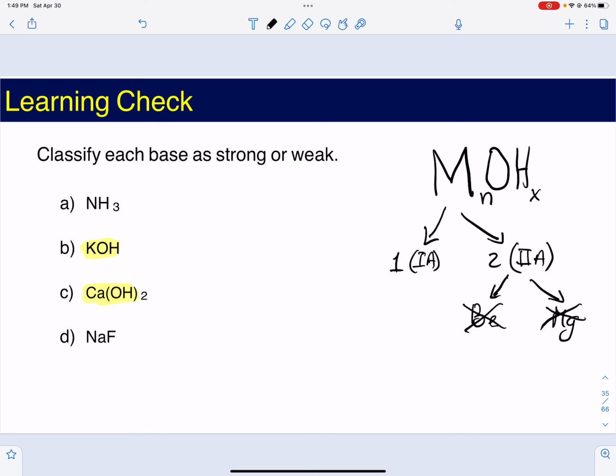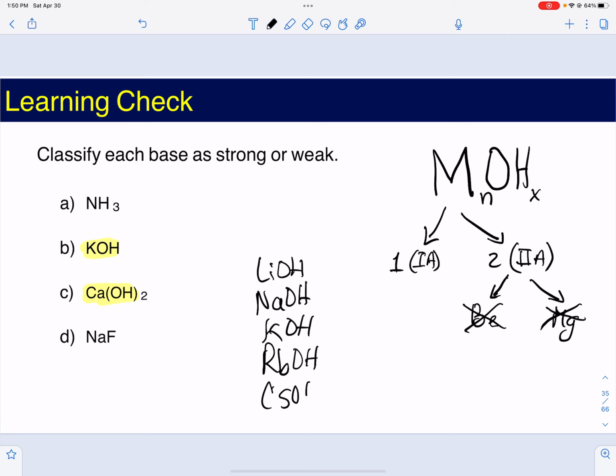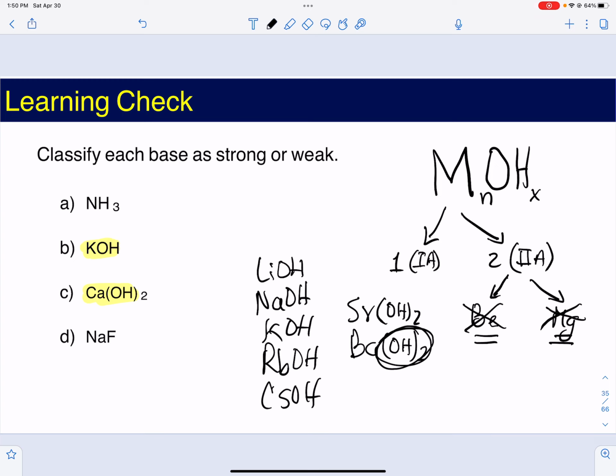So that's going to be lithium hydroxide, sodium hydroxide, potassium hydroxide, rubidium hydroxide, and cesium hydroxide, in addition to strontium hydroxide, barium hydroxide. So anything in group 1 and group 2 except beryllium and magnesium with hydroxide is going to be a strong base. So remember that.